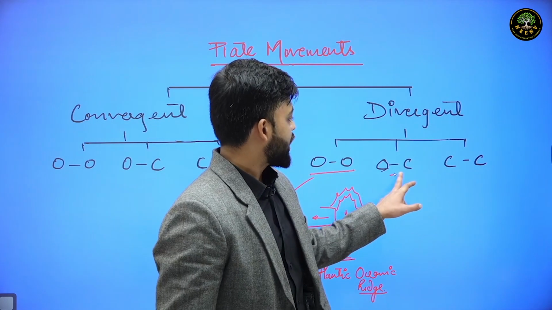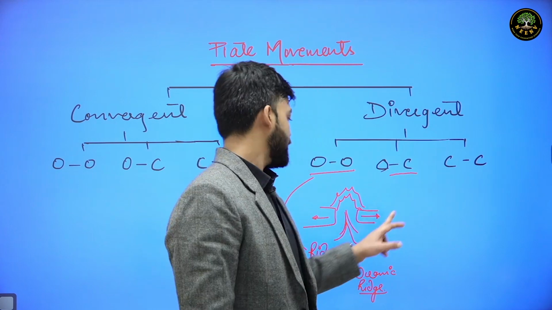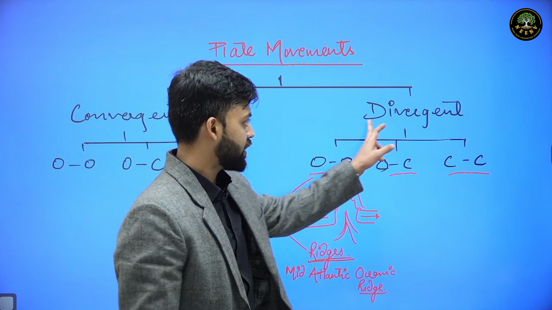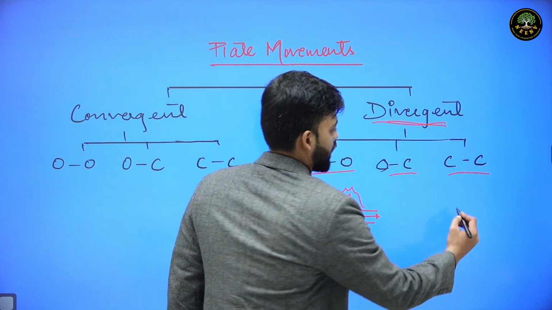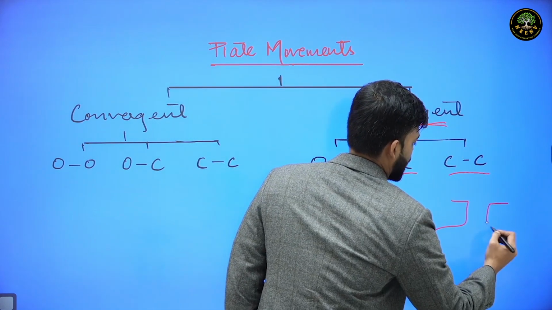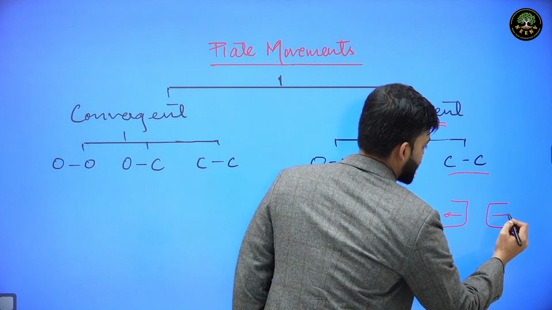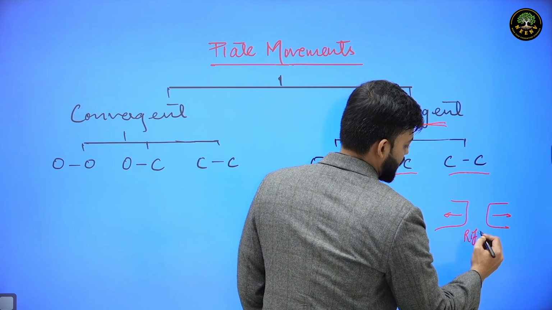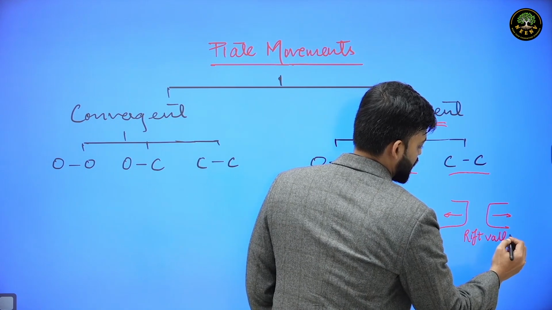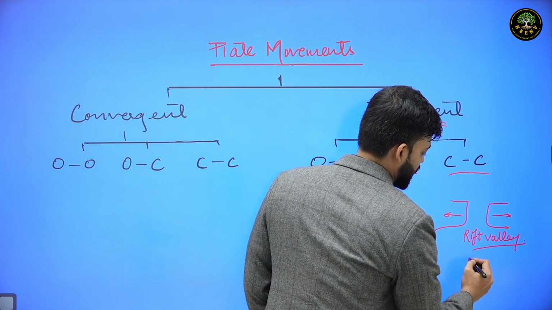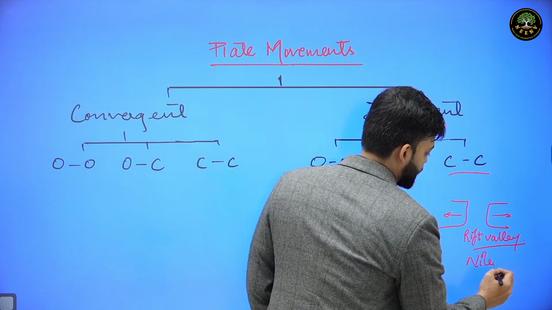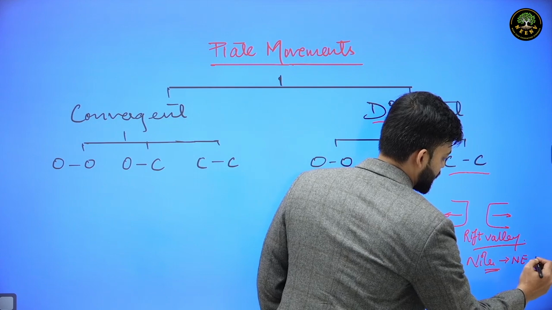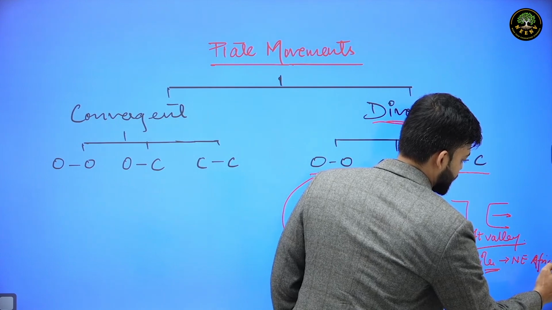Near oceanic-continental divergence, again there will be formation of ridges, and near continental divergence, plates are basically moving away from each other, giving rise to a rift valley. The Nile Rift Valley in northeastern Africa is an example of this.